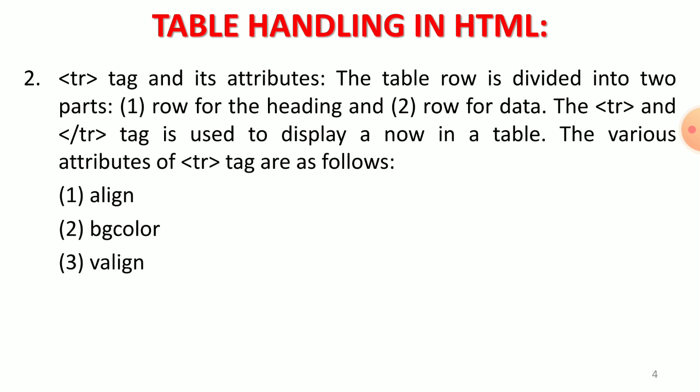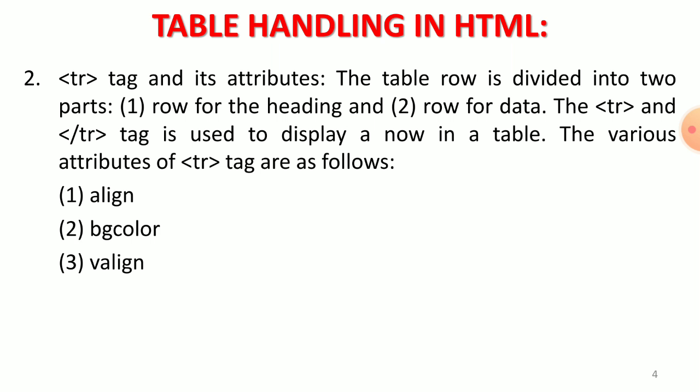It is the default alignment. The right value aligns the content to the right of the cell. The center value aligns the content in the center of the cell. With the justify value, the text within the cell is justified to fill the cell. That is the align attribute.